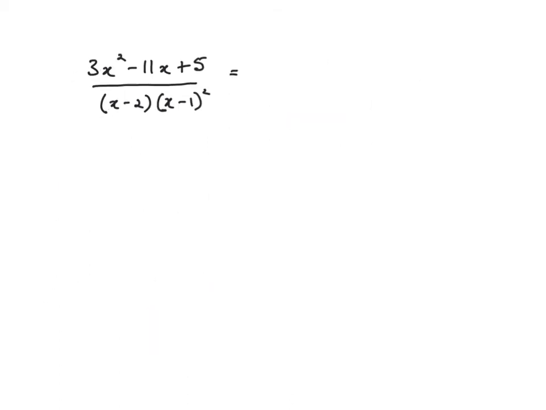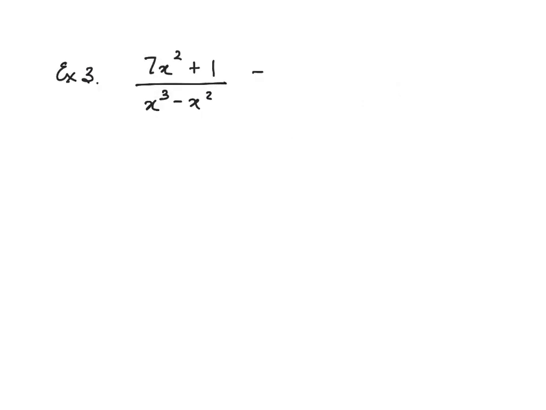So it's a over x minus 2, a is minus 5 over x minus 2. b was 8 over x minus 1, and c is 3, so it's 3 over x minus 1 all squared. That's the first example then, dealing with a repeated linear factor.